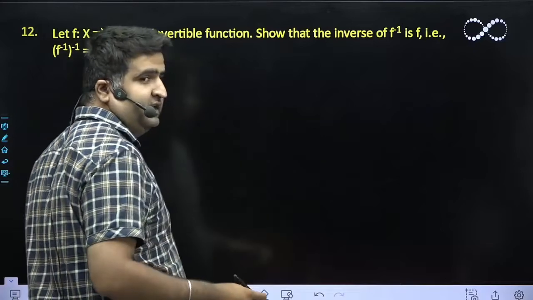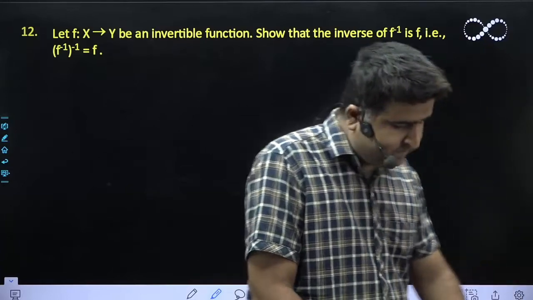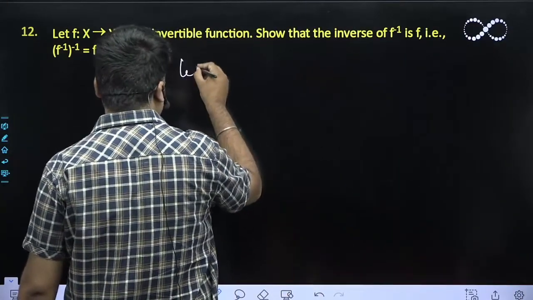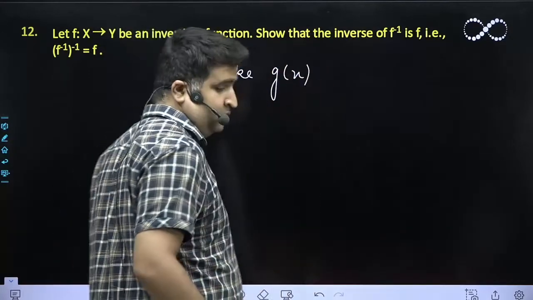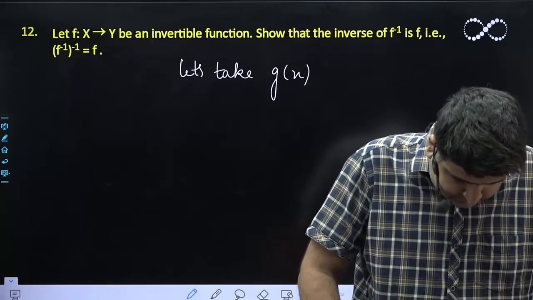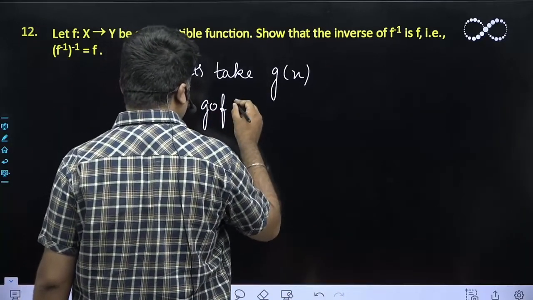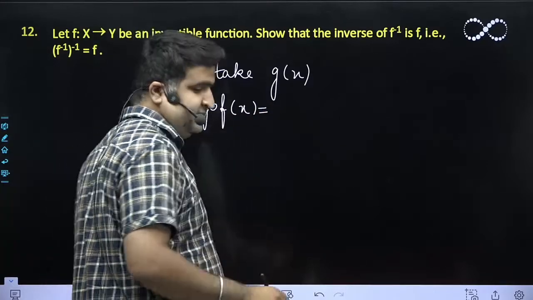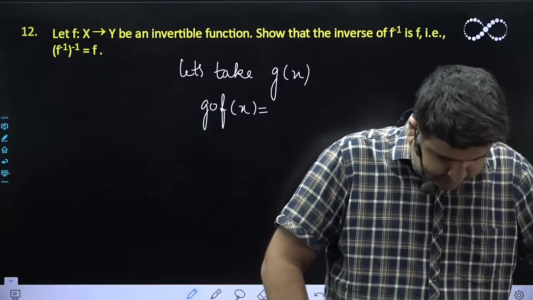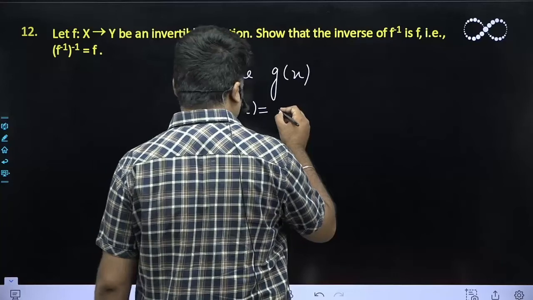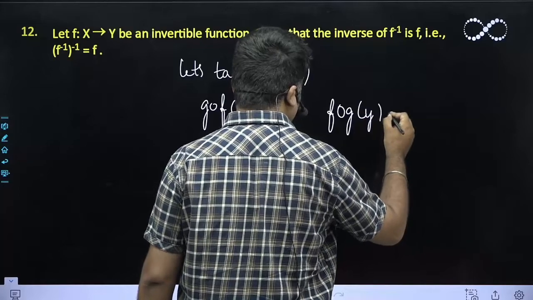Okay, so what we'll assume here is we'll take a function g(x) such that g of f of x is equal to f of g of x is equal to I. Okay, so g of f of x is equal to x and f of g of y is equal to y.